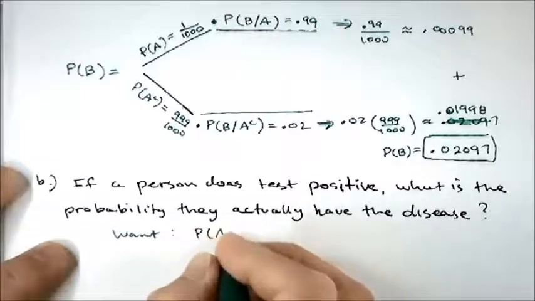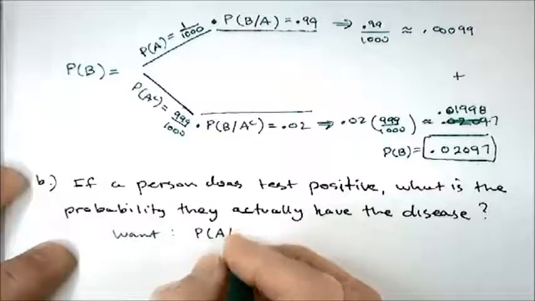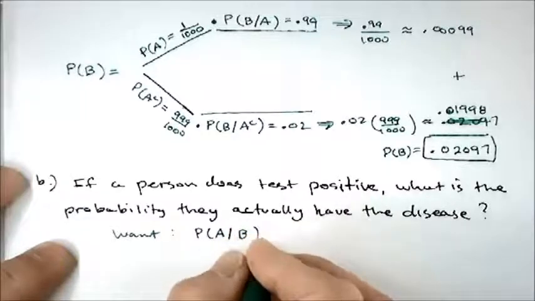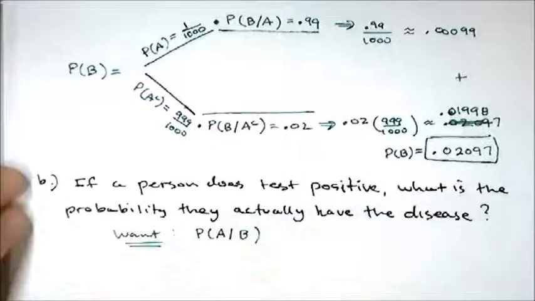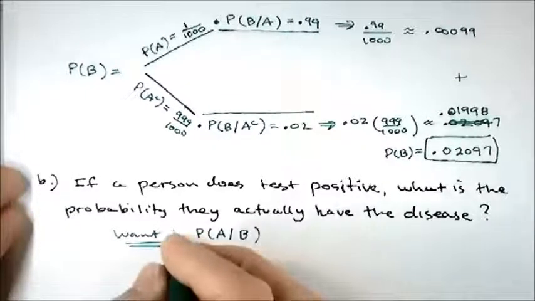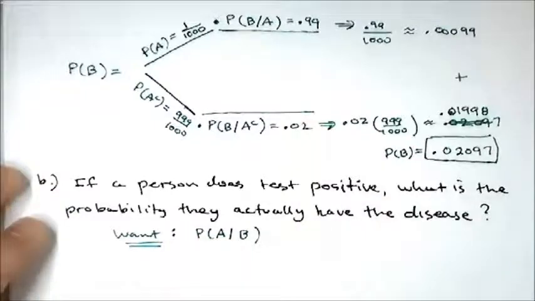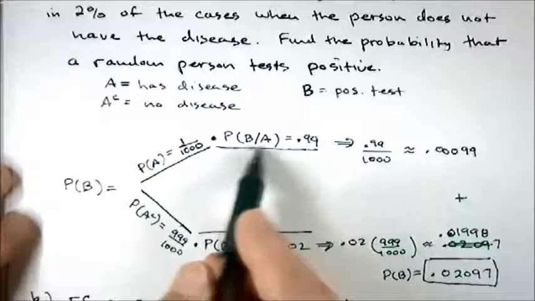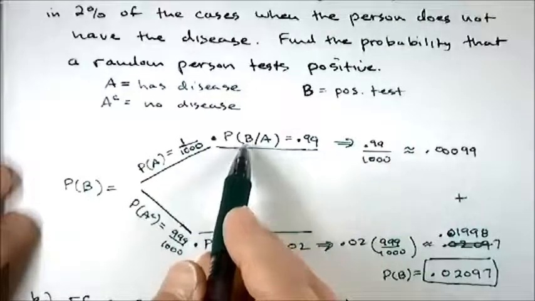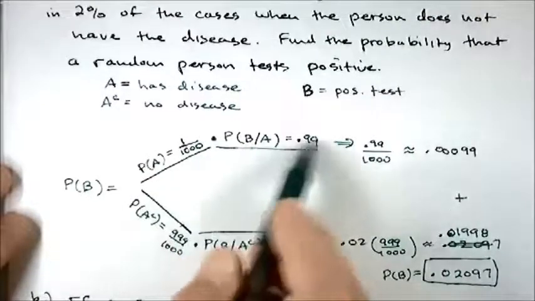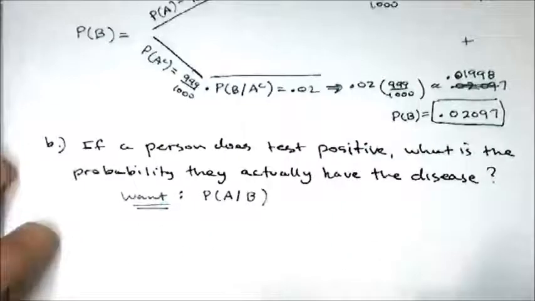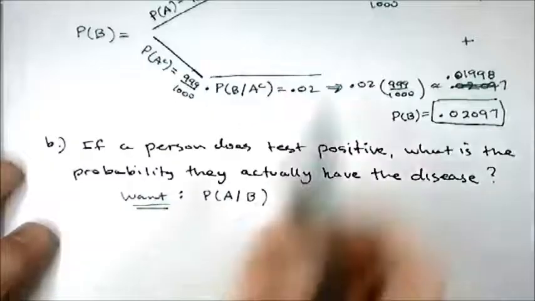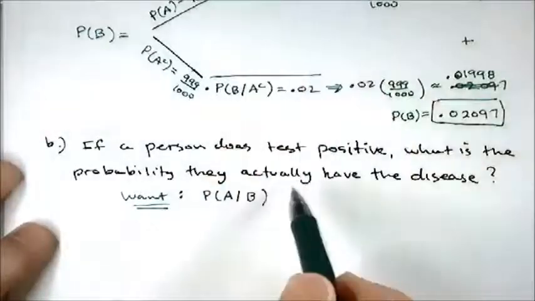So we want to find the probability that the person has the disease given that they've tested positive. This is what we want. Now, we did see back up here the opposite conditional probability, right? The probability that they test positive given that they have the disease. That was the 99%, right? So we actually want the opposite conditional probability than was essentially just given to us in the problem description.